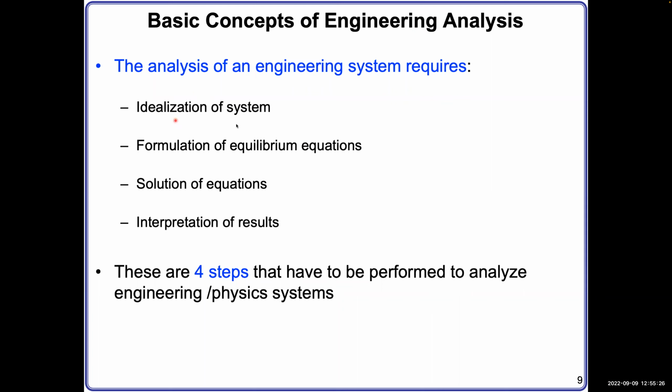That means we simplify the system into a more reduced form. We capture the essential parts of the system and look at those, and for the trivial parts, we put them aside for now. So that means idealize the system.